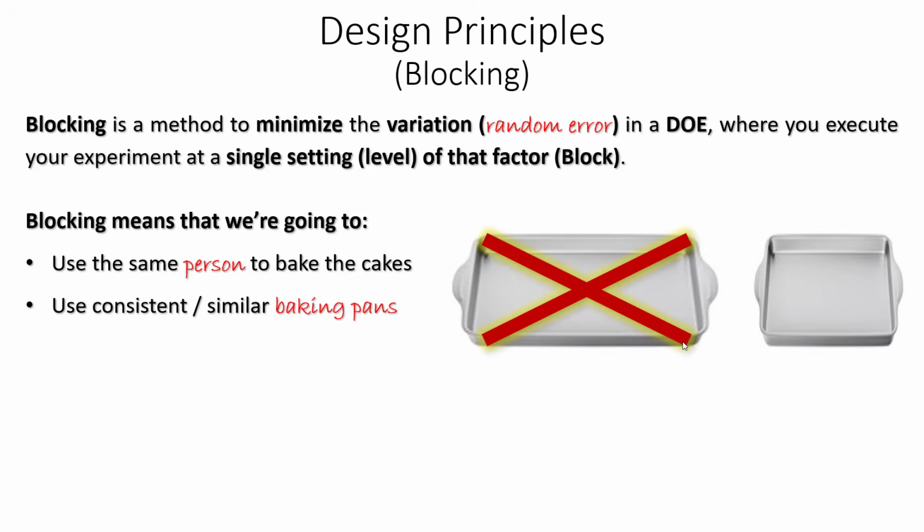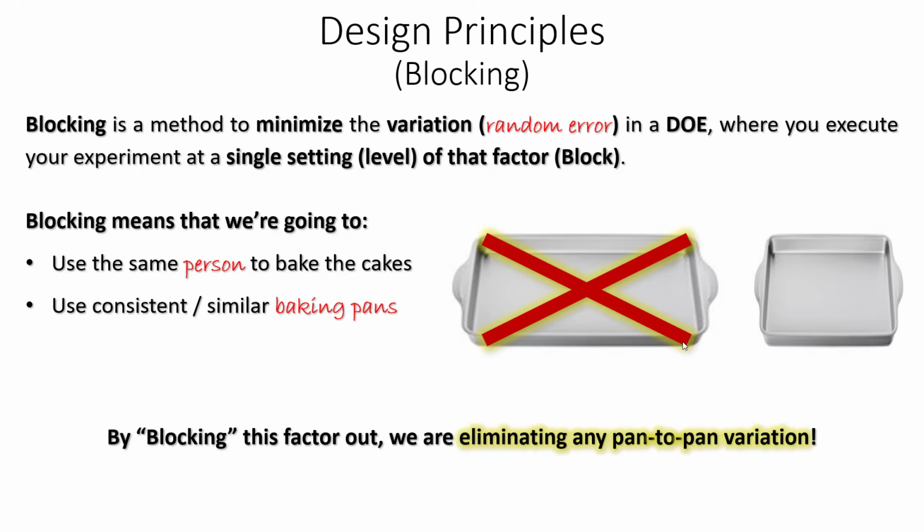The other example might be cake pans. You might recognize that when you bake a cake in a larger cake pan size, you get some variation there in terms of flavor. When we execute this experiment, we're going to bake all of our cakes in the same size pan to essentially eliminate any of that pan-to-pan variation and block that factor out as a contributing factor to our experiment.